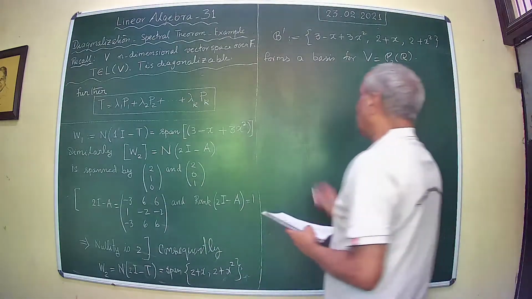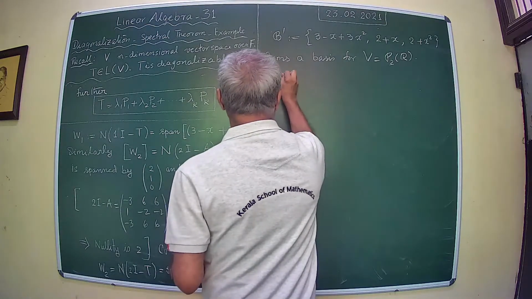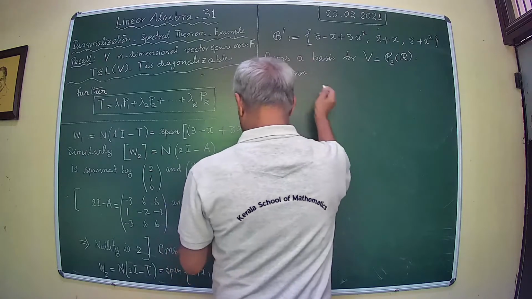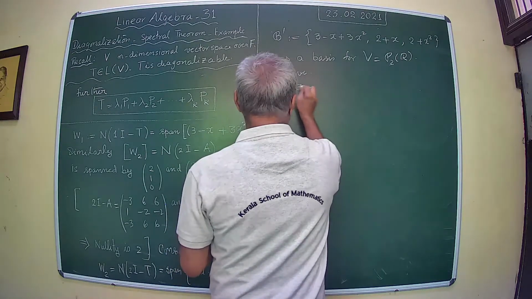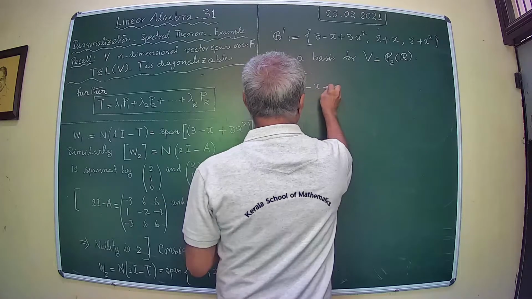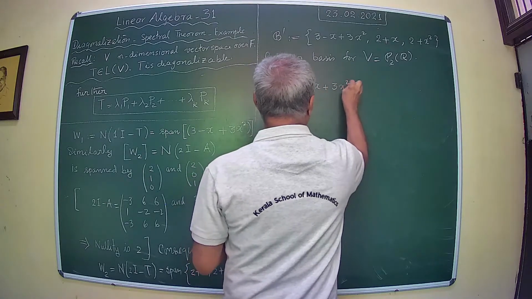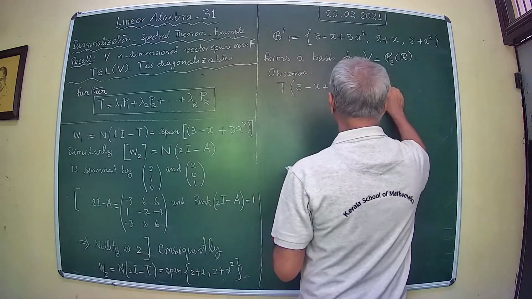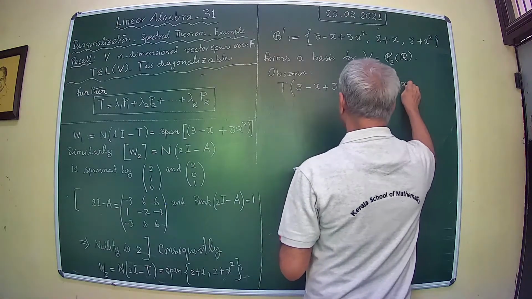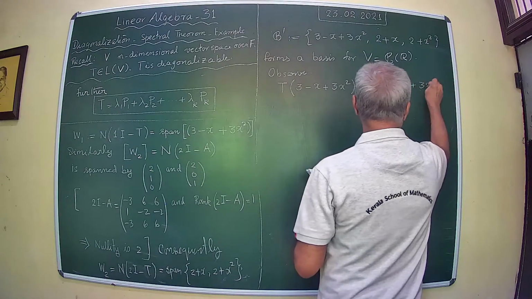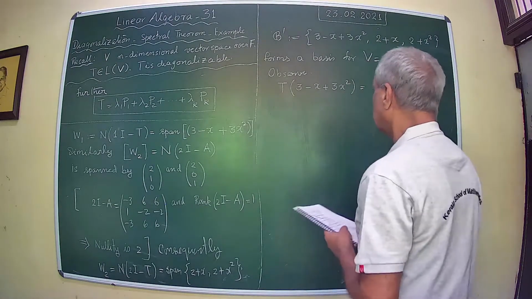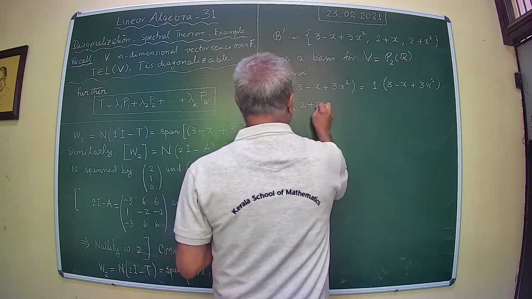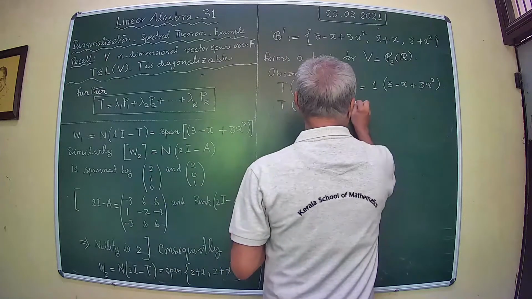Okay. Observe, P of 2 plus x square is equal to 2 times 2 plus x square.